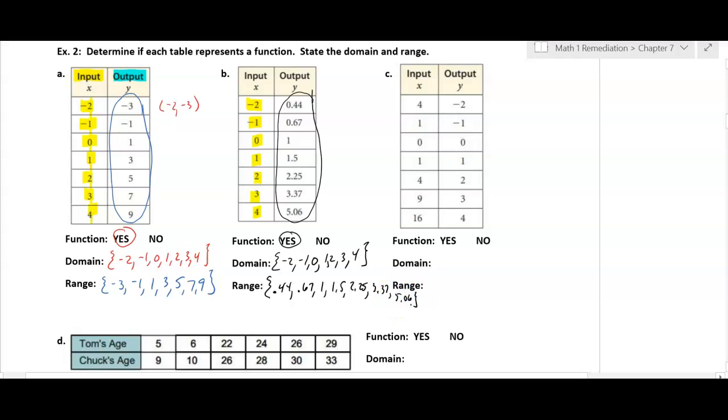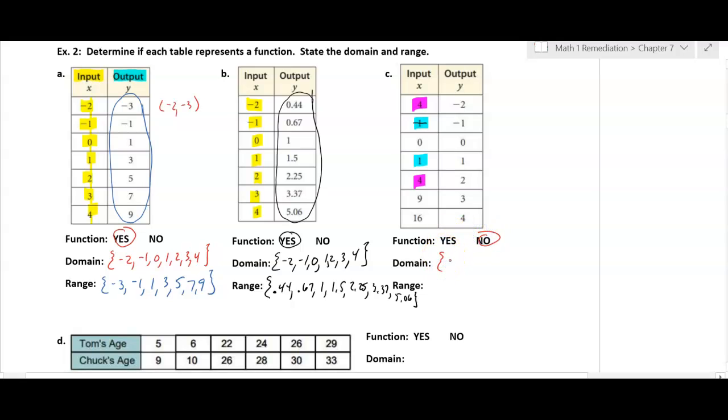All right. Now the last one here, if I look at the set of inputs, 4, 1, 0, 1. Right away you should notice these ones repeat, but also the 4s repeat, telling me that's not a function.